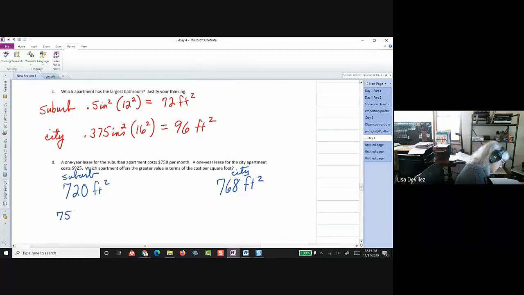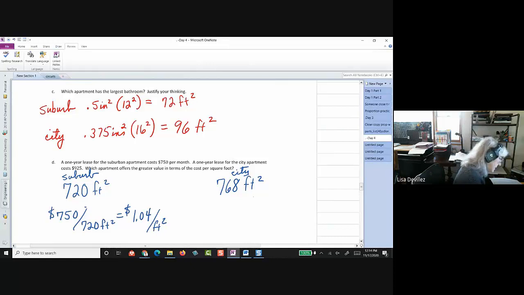So $750 divided by 720 square feet gives me a price of $1.04 per square foot for the suburb.